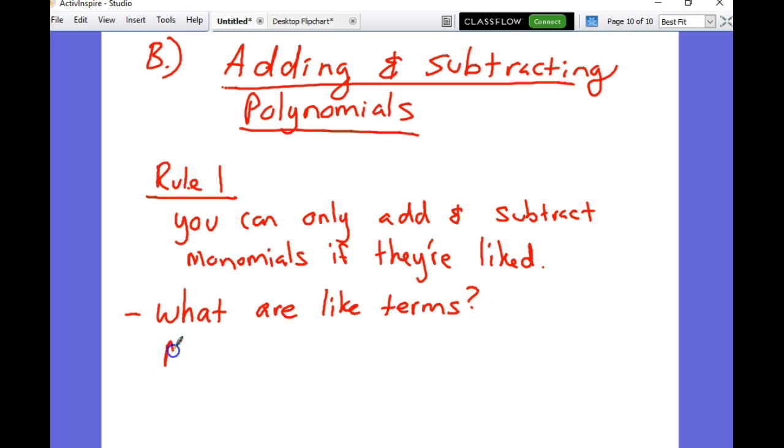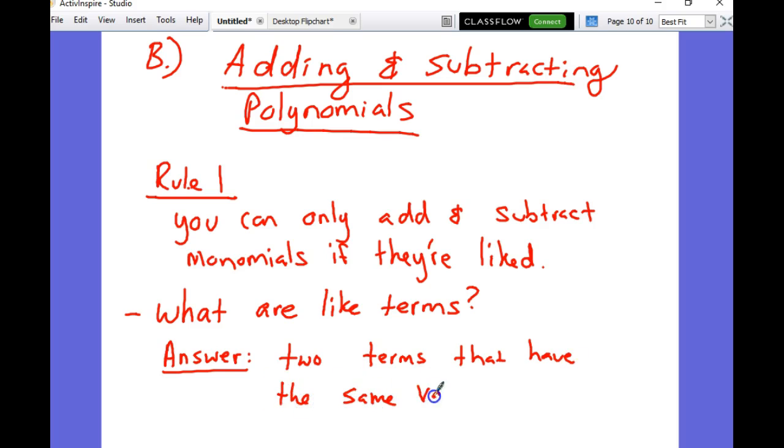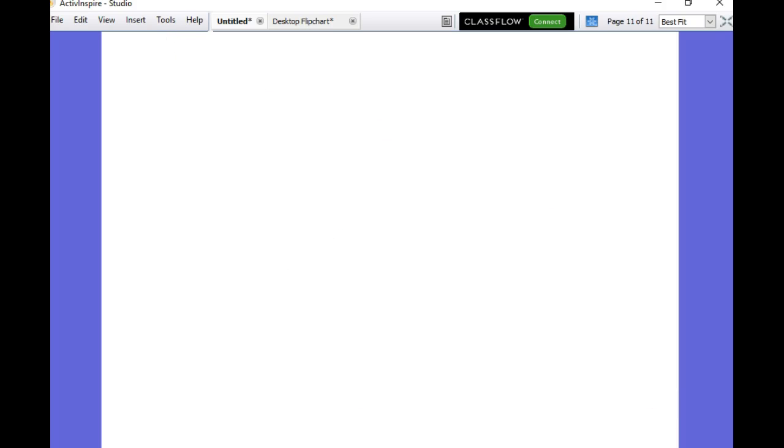They are two terms that have the same variable and exponent. So I'll pause there for a little bit.